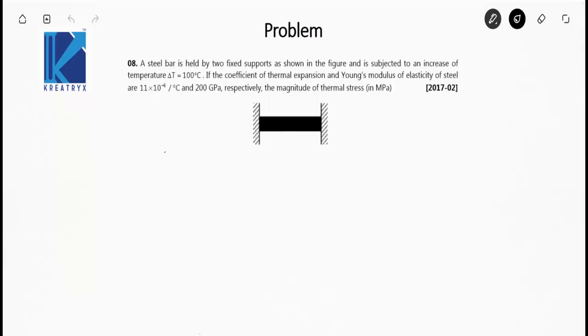Okay, the next question is, a steel bar is held between two fixed supports as shown in the figure, and it is subjected to an increase of temperature equal to 100 degrees Celsius. If the coefficient of thermal expansion and Young's modulus are given as this respectively, find the magnitude of thermal stress. A very simple question again, directly based on the formula.